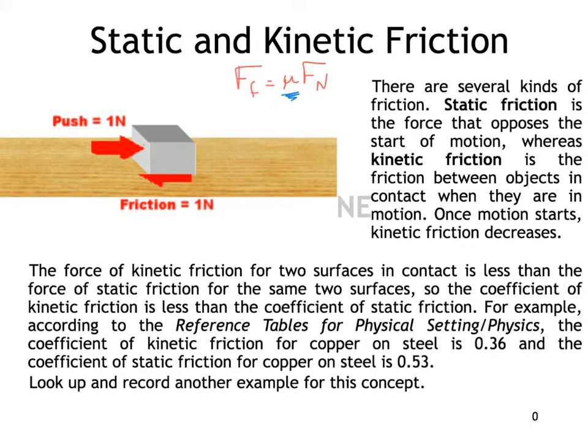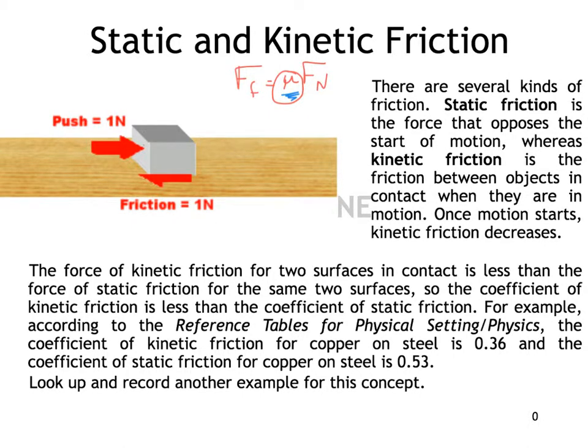Whenever you're looking on your reference table to gather your value for mu, you'll need to find either a static mu or a kinetic mu, and that'll all be based on the context of the question. So you have to use reading comprehension skills to figure out if the object is moving or if it's still at rest. If it's at rest, then use the static mu, and if it's in motion, use the kinetic mu. Fun fact: the kinetic mu is always less than the static mu.